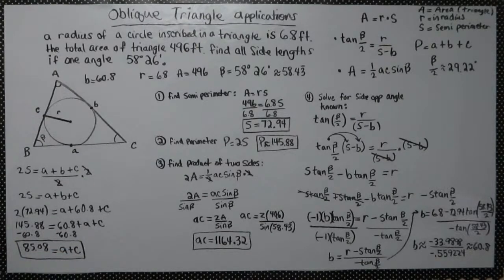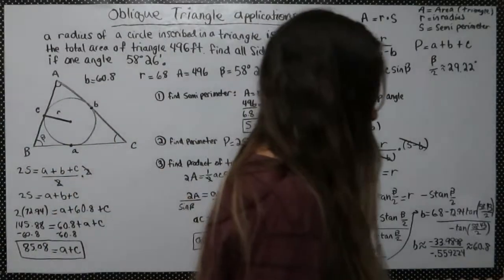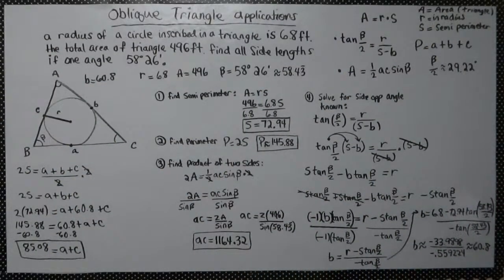So we have A plus C and we have A times C. A plus C and A times C. What are we going to do next?